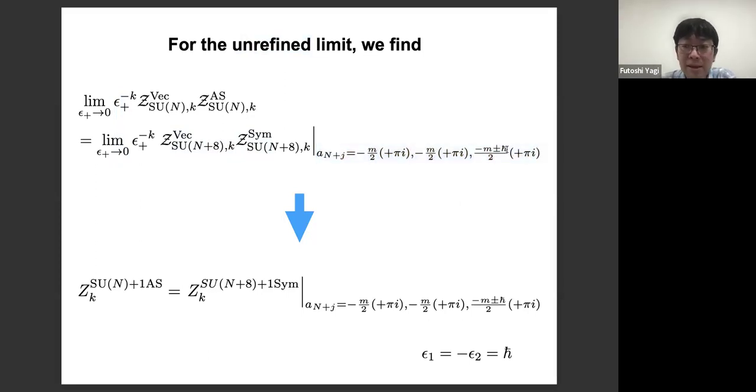And again, if we further turn off this h bar, where epsilon 1 equals minus epsilon 2 equals h bar, then this tuning is consistent with the cubic prepotential, ignoring this imaginary part.